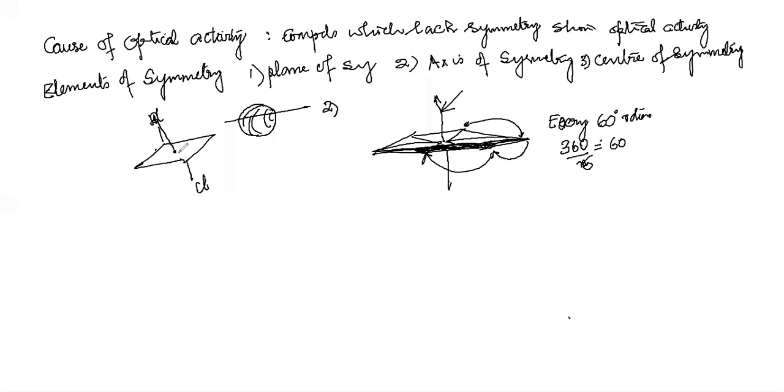Now extend that line backwards. If you extend the same line backwards, you will meet an identical atom. On going to the front, you have met a chlorine. Go exactly backwards and if you meet another chlorine, as is the case here, this center is known as a center of symmetry.